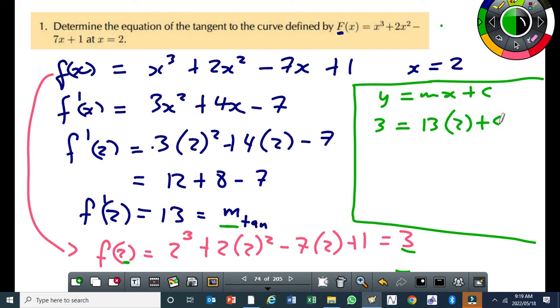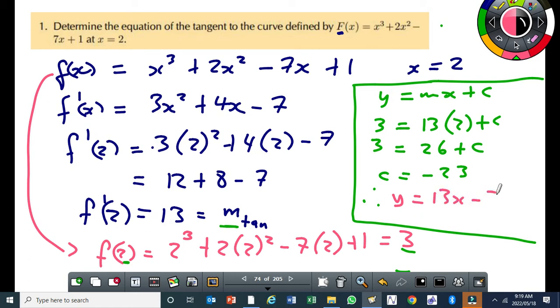I want to find the y-intercept of the tangent. So this will be 3 equal to 26 plus c. So c will be minus 23. Therefore, the equation of the tangent is y equal to 13x minus 23. That's the equation.